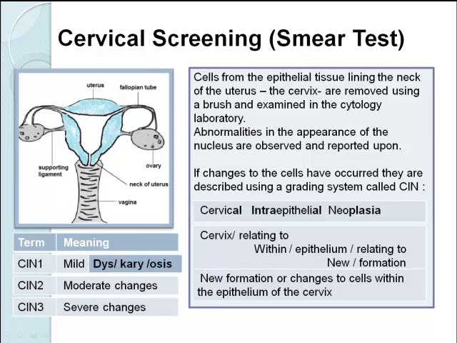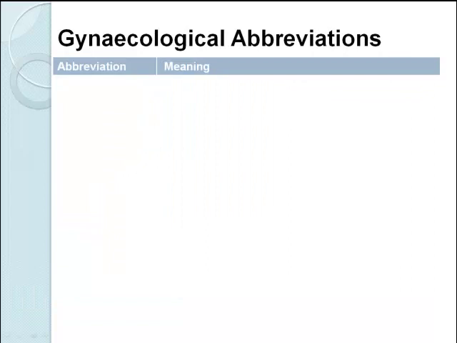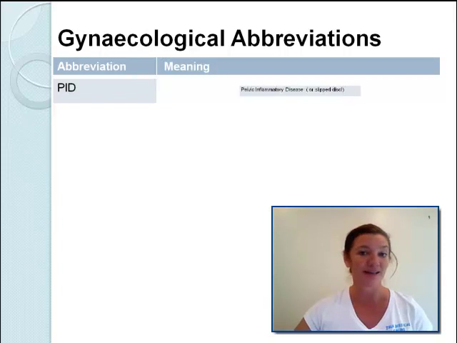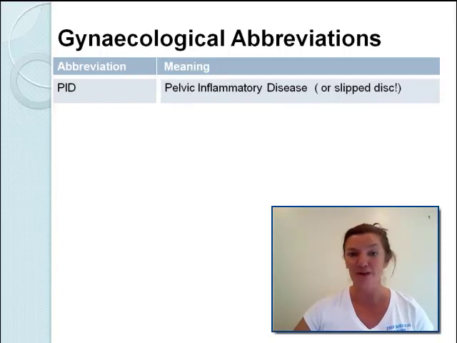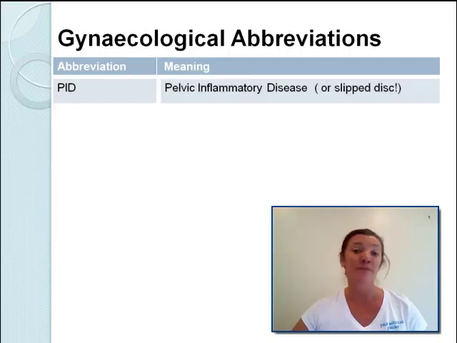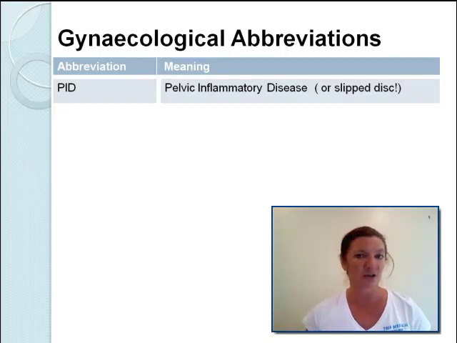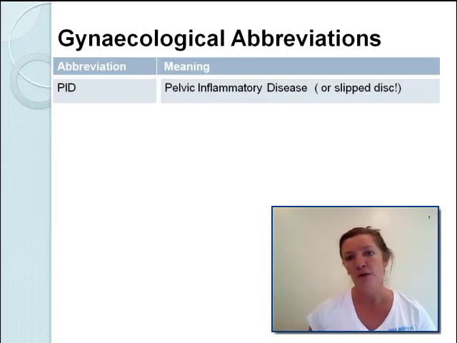Let's remind ourselves of some abbreviations and add some new ones. Some gynecological abbreviations. The first one, PID, relates to pelvic inflammatory disease, and pelvic inflammatory disease is a very vague term really, implying inflammation and perhaps adhesions, which is scar tissue, around the female reproductive organs.